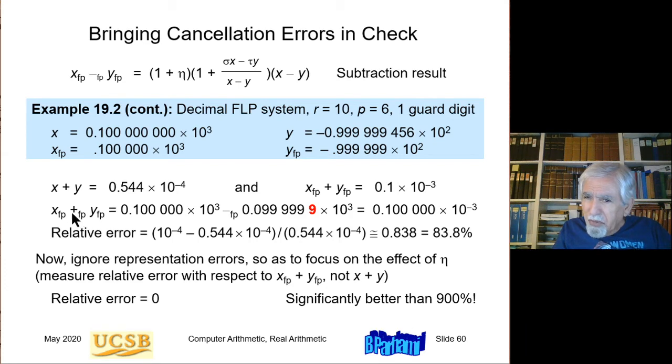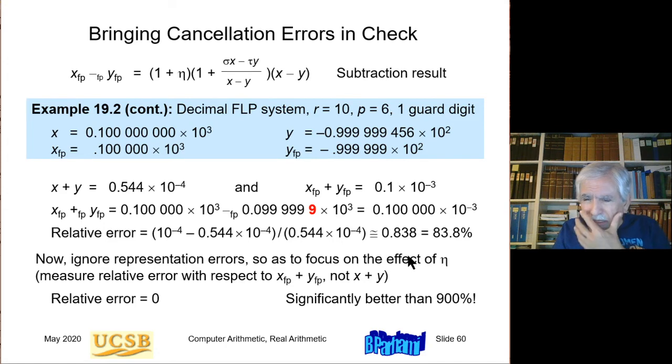Now, if I do floating point addition of the two representations, basically I have to shift this number to the right because its exponent is 1 less. So this 9, remember I said I'm using chopping, so that 9 is basically dropped.